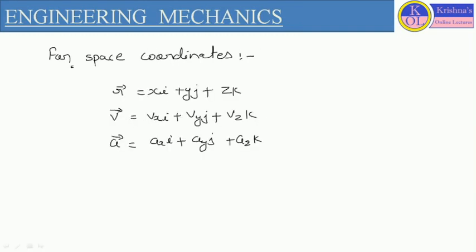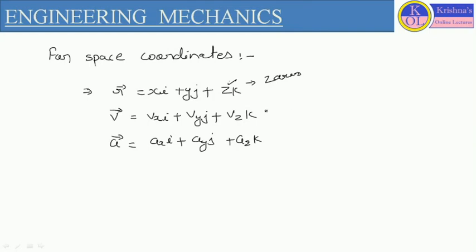Now, if we want to define the three-dimensional or space coordinates, the position vector is defined by xi plus yj plus zk, the velocity vector is defined by vxi plus vyj plus vzk, and the acceleration vector is defined by axi plus ayj plus azk. Here, zk defines the position of the particle along the z-axis.